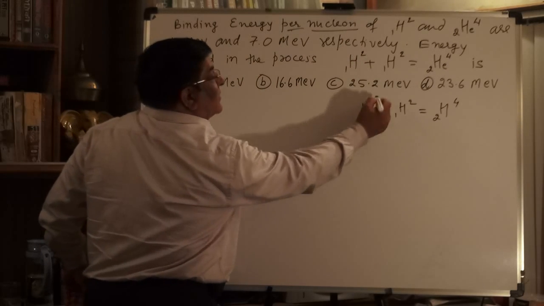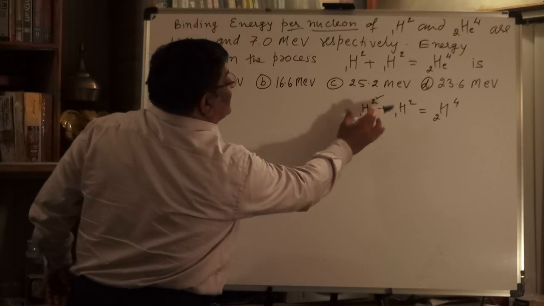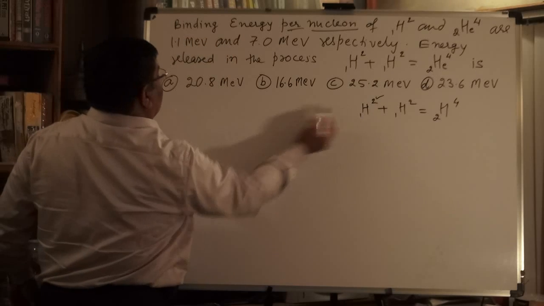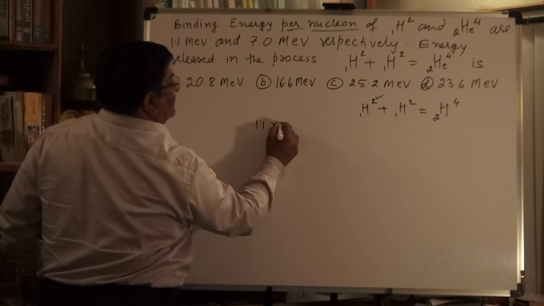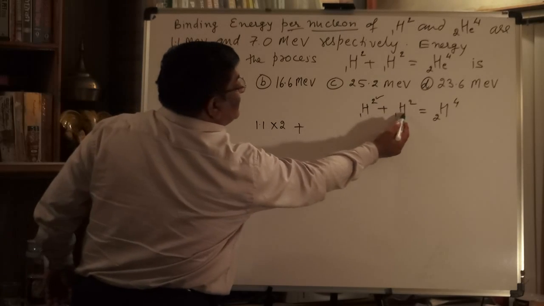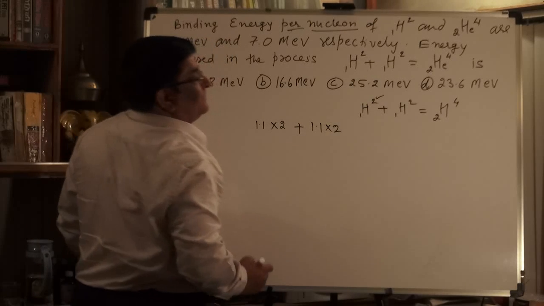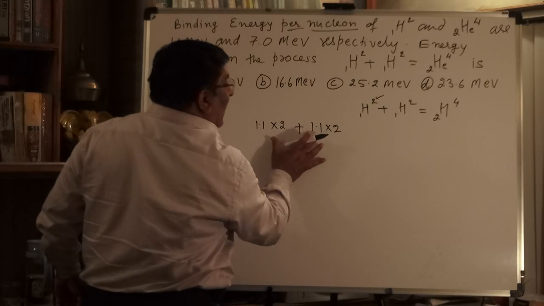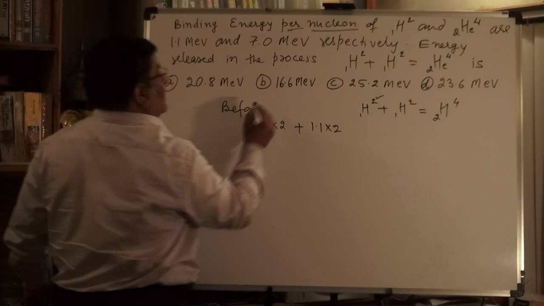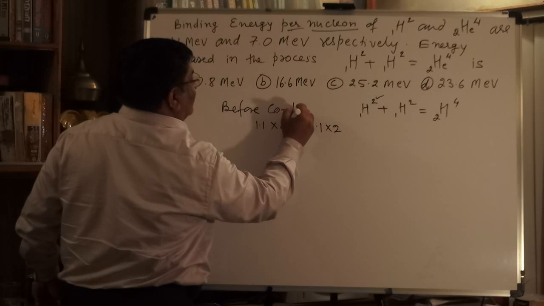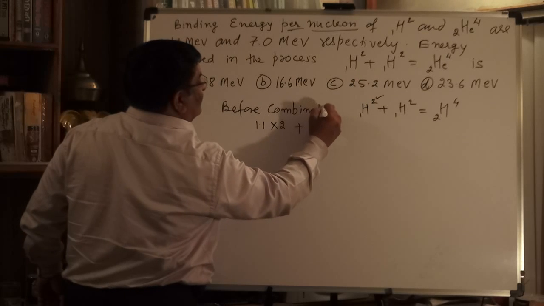How many nucleons are there? There are 2 nucleons. So how much binding energy on this side? The binding energy is 1.1 into 2 plus, for the other nucleus, 1.1 into 2. This was the binding energy before combination, or before fusion, you can say.